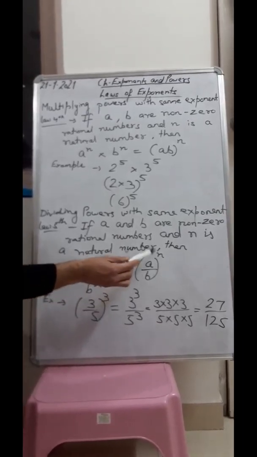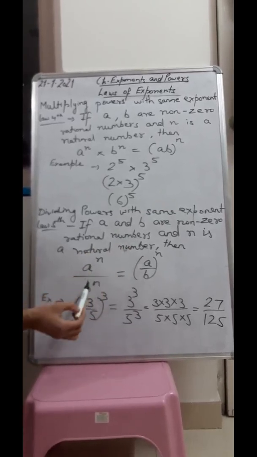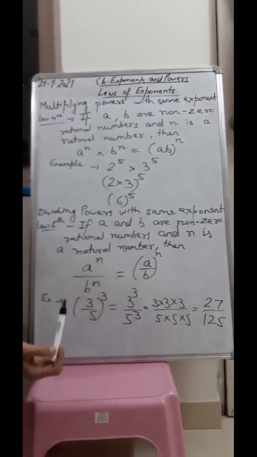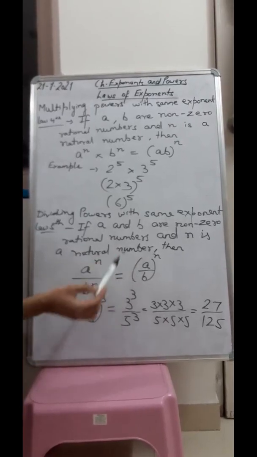So the powers of both A and B will go on the whole, and it will become A upon B whole raised to power n.